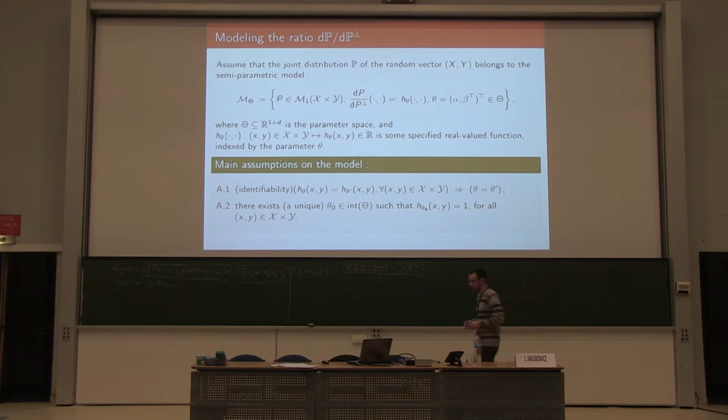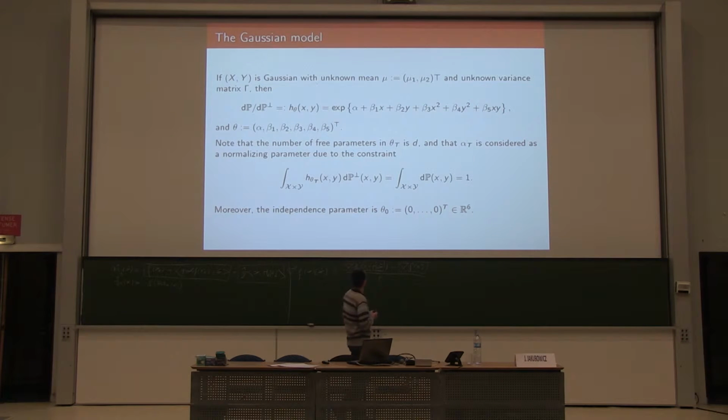This kind of modeling is sufficiently large to cover a large variety of situations, including the two-dimensional Gaussian model, because in this case you can easily prove that the density ratio is the exponential of a polynomial function of degree 2. And so you can embed the Gaussian model into a semi-parametric model as described here.